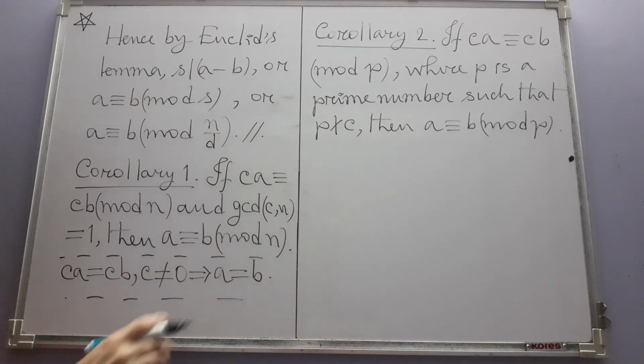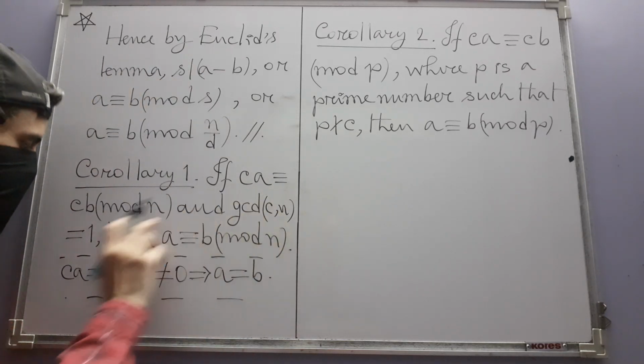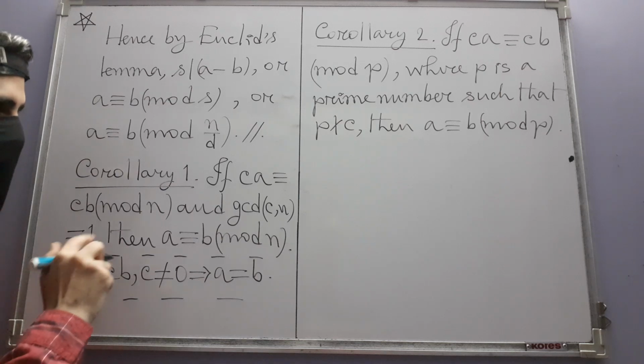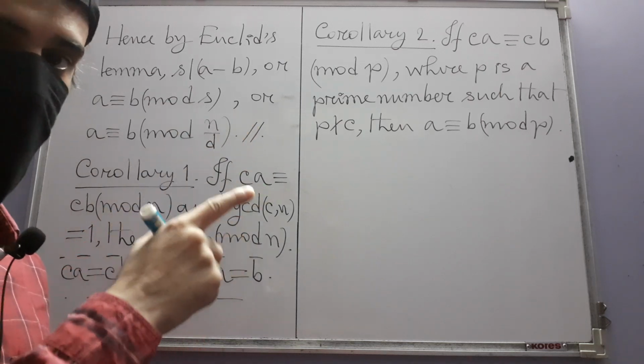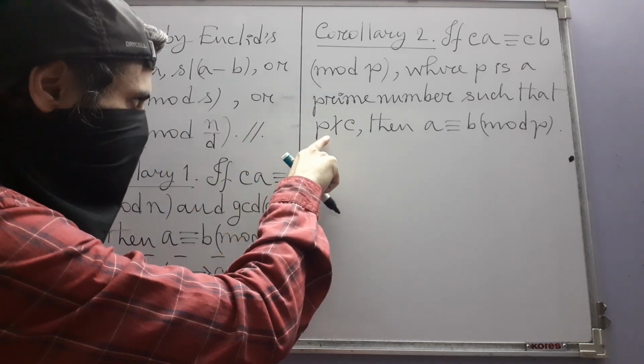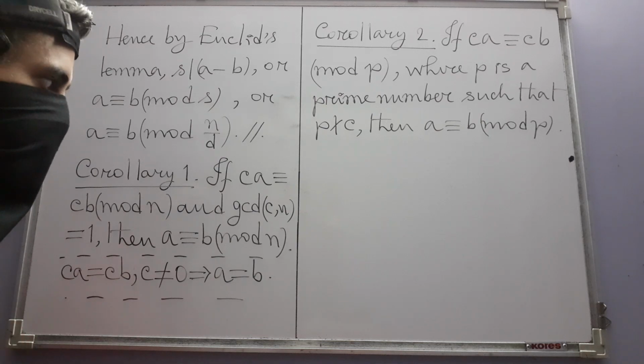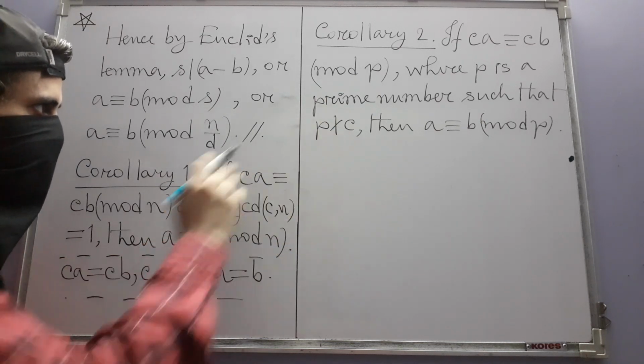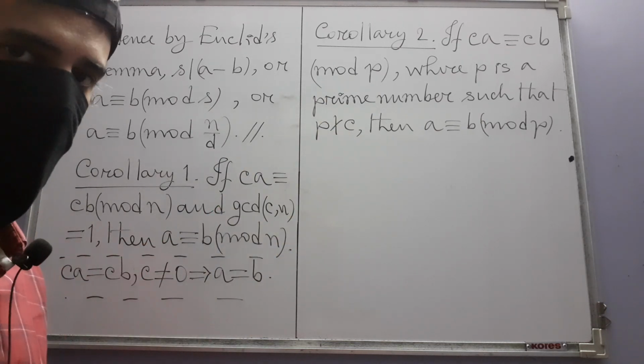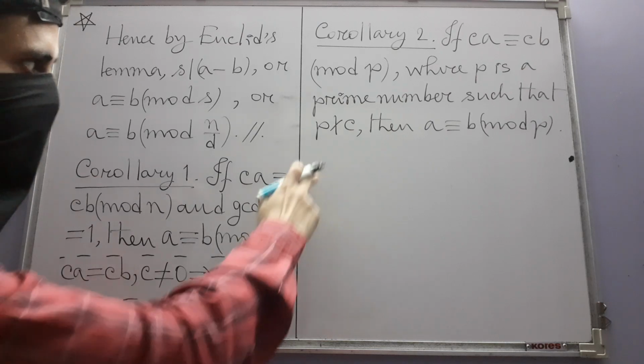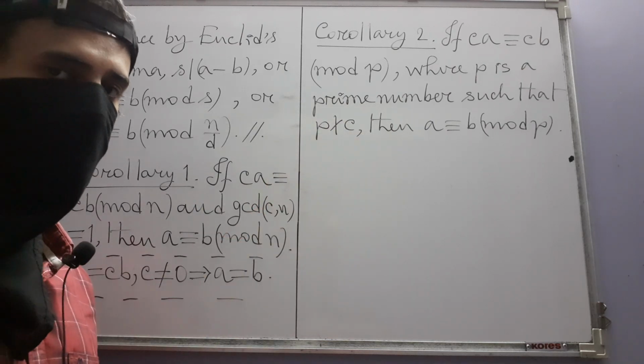The condition that GCD of C and N is 1 would be needed here also, but now in place of N we have P, and in place of this condition we have P not dividing C. Does it mean that P and C are automatically relatively prime? Yes.